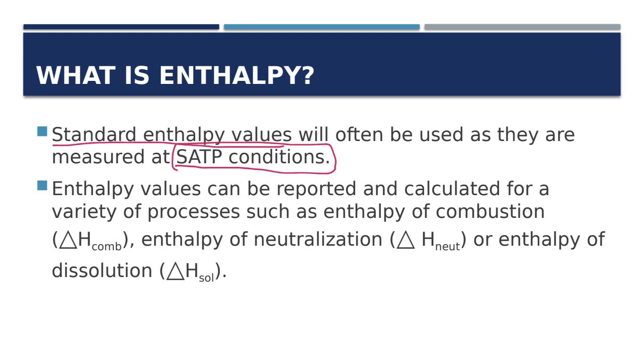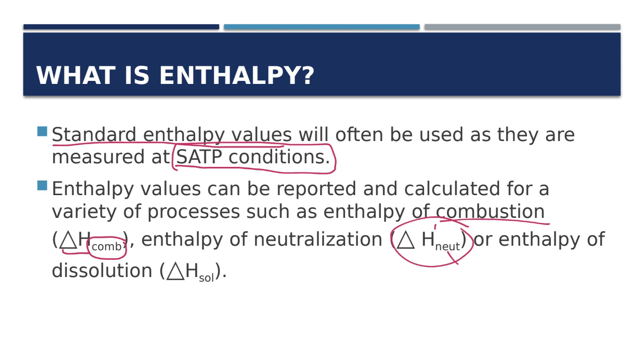So here's our symbol for enthalpy, right? Delta H. So capital H stands for enthalpy. And then if you see a little word written as a subscript, so that doesn't say comb, like what you would comb your hair with. That's the short form for combustion. Or maybe we're calculating the enthalpy of a neutralization reaction.